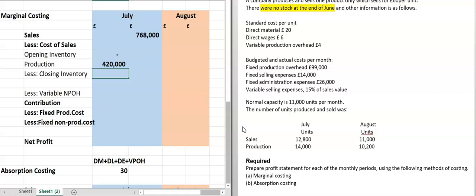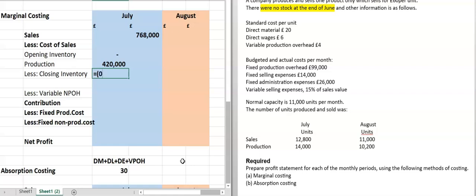In order to calculate your closing inventory, you have to get the production units and minus the sales units. During the month of July, the production units are 14,000. There is no opening stock. If there is opening stock, you have to add the opening stock.